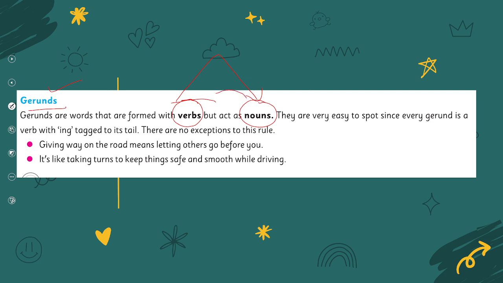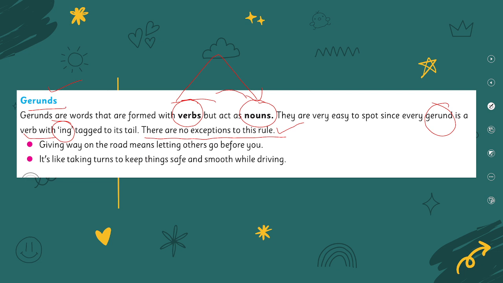Now they are very easy to spot since every gerund is a verb with ing. It means that a gerund always ends with the 3-letter group ing tagged to its tail. There are no exceptions to this rule. It means that this rule is applied to every word and everywhere.